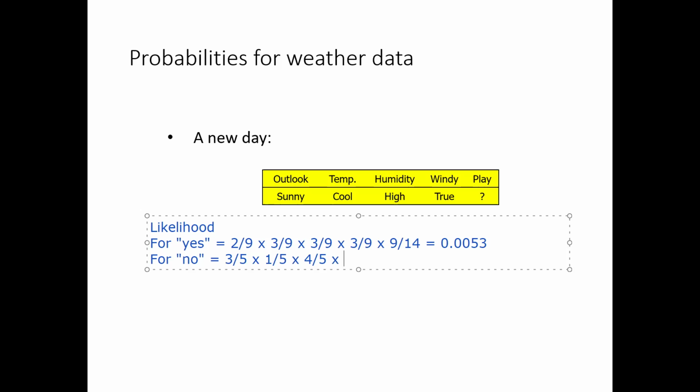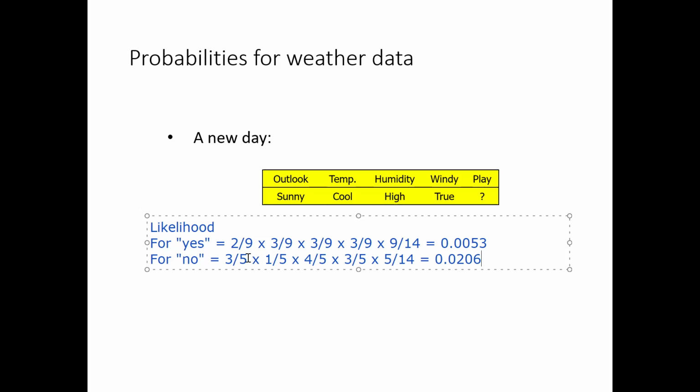Then wind is true. So wind is true for no class, 3 out of 5. Into finally the class no, that is 5 out of 14. And if you do the calculation, we'll get 0.0206. I think Rakshana's answer is correct.